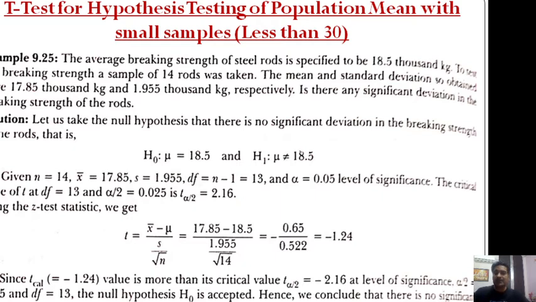The average breaking strength of steel rods is specified to be 18.5 thousand kg. To test the breaking strength, a sample of 14 rods was taken.